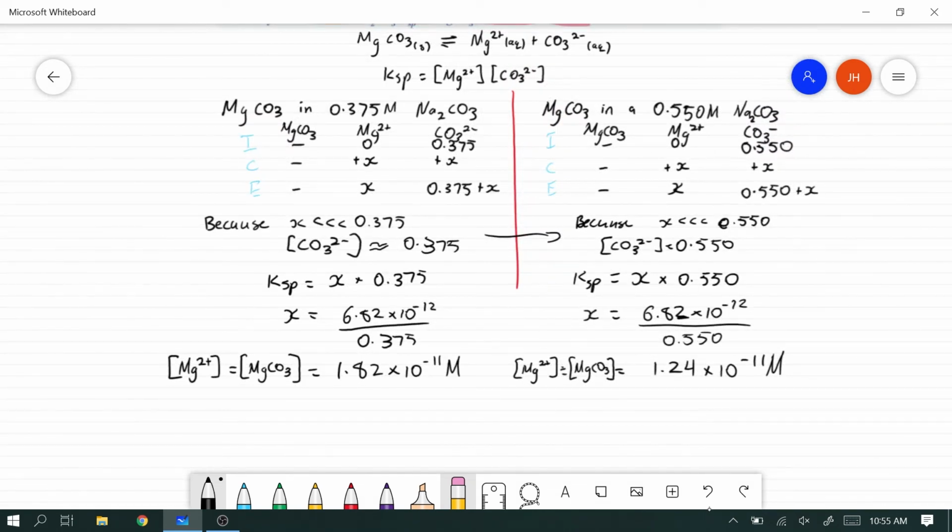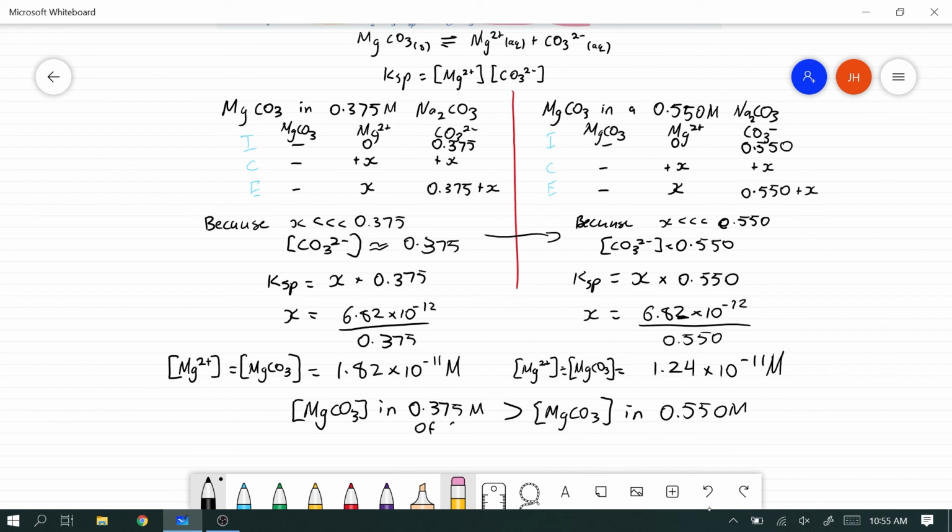Now, what we should see is that the concentration of magnesium carbonate in a 0.375 molar solution is greater than the concentration of magnesium carbonate in a 0.550 molar solution. And I should probably just note of carbonate ions.